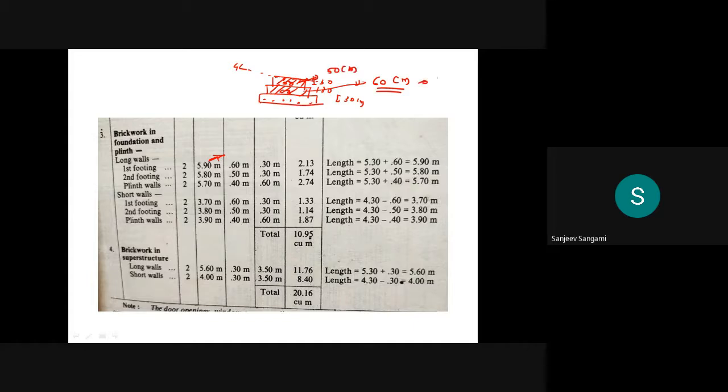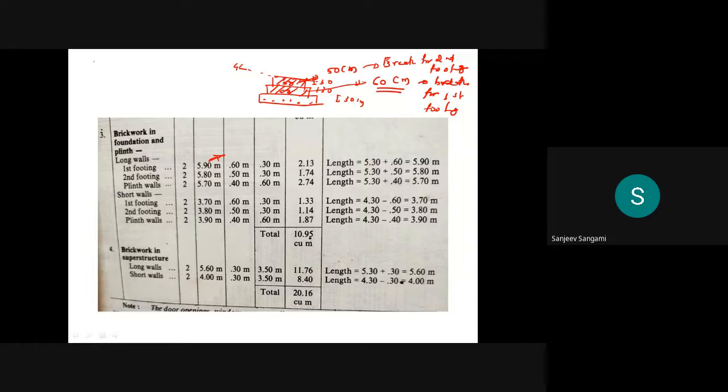This breadth is for the first footing, and this is the breadth for the second footing. So why has it come as 5.9?